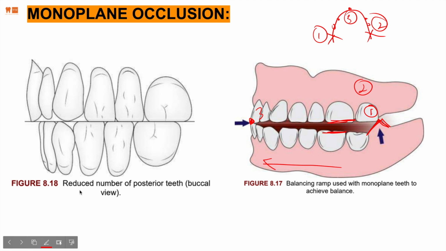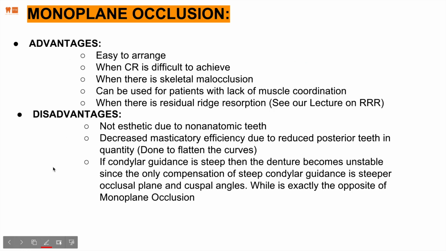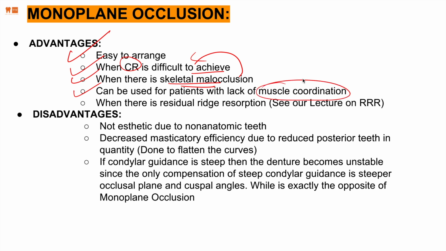In monoplane. Perfect. Advantage. Monoplane, easy to arrange. When centric relation is difficult to achieve, go monoplane. Just go flat cusp. When there is a skeletal malocclusion and it's really difficult to attain a centric relation, you go monoplane. Can be used for patients with lack of muscle coordination. Remember, we need cuspal height to chew better.